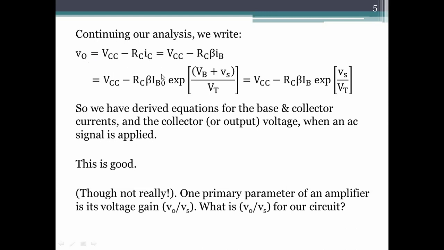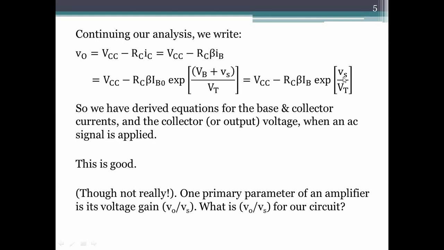Then the collector current is simply beta IB, and the collector voltage or the output voltage in the presence of Vs. So we've done what we started out to do, which is good, but actually it is not very good. The reason it is not good, first of all, is when we have an amplifier, one of the things we want to know is, what is the voltage gain of this amplifier?